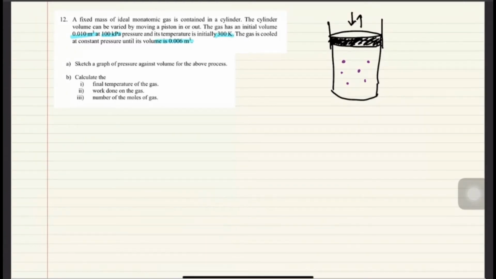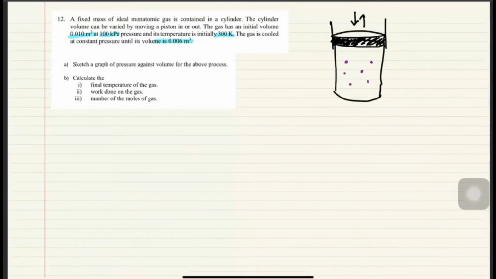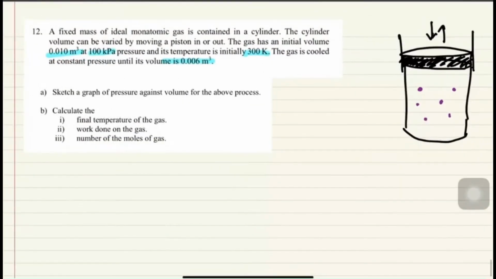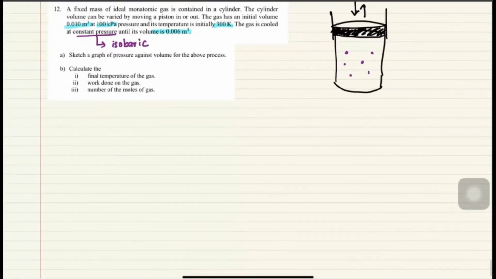Okay, constant pressure indicates what type of thermodynamic process? Isobaric. Isobaric process. Okay, if you want to take out the information, they say initial volume, so this V1 is already in SI unit, so you don't have to worry.